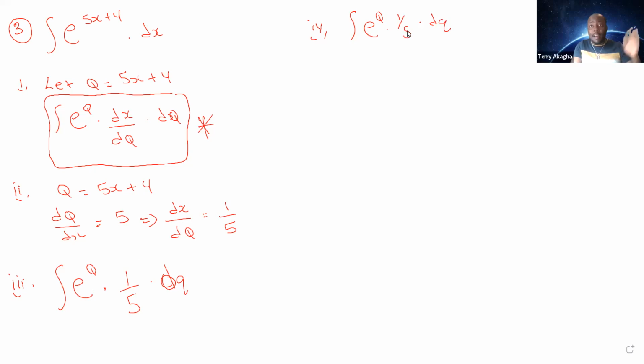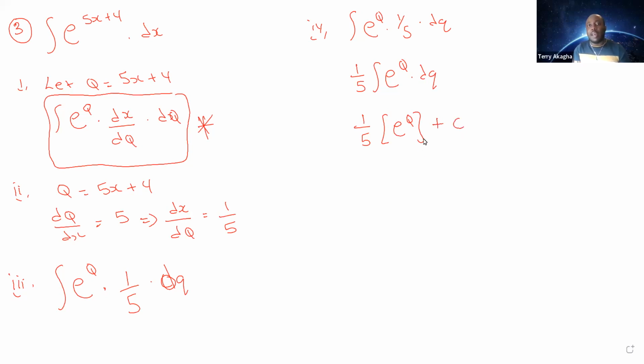You take the 1 over 5 outside, it's a constant. We're integrating e^q dq. Remember I told you when you integrate an exponential, it will still give you that same exponential. So it's going to be 1 over 5 e^q, plus c.